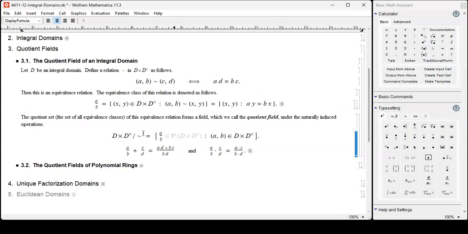So we do that, and then we end up with a fraction. And that way we get a field. And this field is called a quotient field.